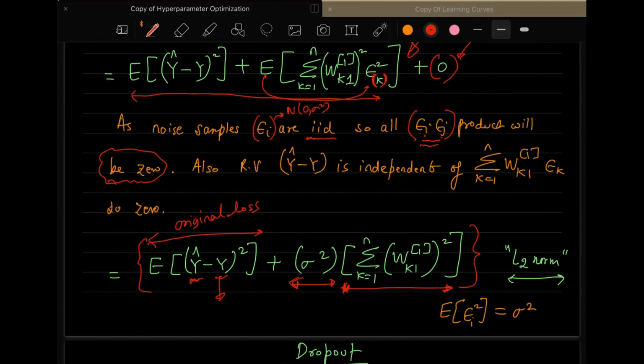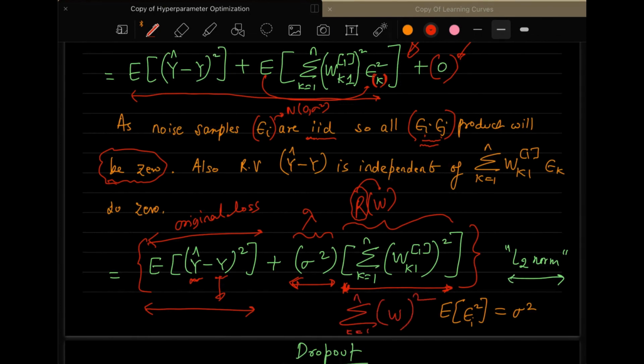This is the normal stuff, and this is your regularization parameter lambda, and this is the R of w that I was discussing. R is a function of w, equal to the summation over k from 1 to n of w squared. So it's acting as a regularizer.